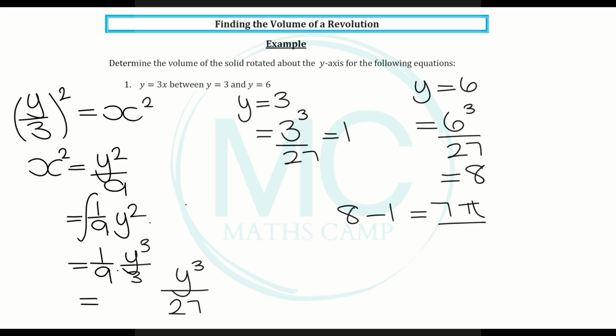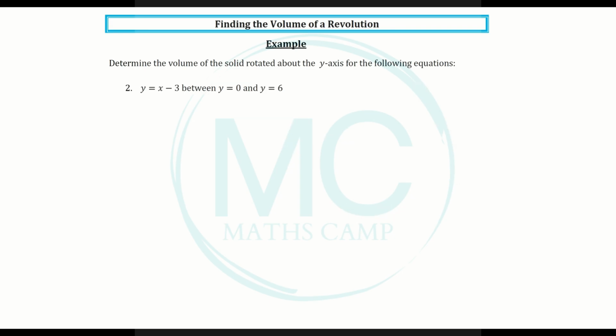Let's do another one. Determine the volume of the solid when y is equal to x minus 3 between y is equal to 0 and y is equal to 6. We need x to be the subject, so let's move -3 to the right, and we get y plus 3 is equal to x.